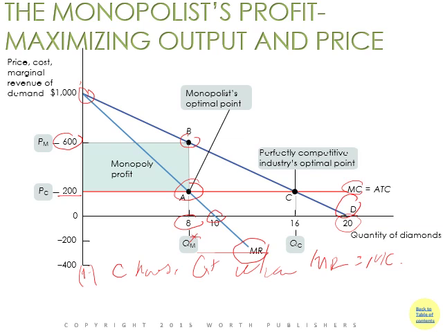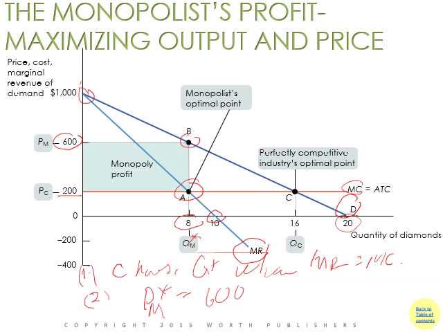So our decision process is, we find an output where marginal revenue equals marginal cost, that's 8, and then we go up to our demand curve and choose a price, and in this case, the price for the monopolist to charge is going to be 600. So we charge 600, sell 8 units of output. We're going to maximize profit as a monopolist.